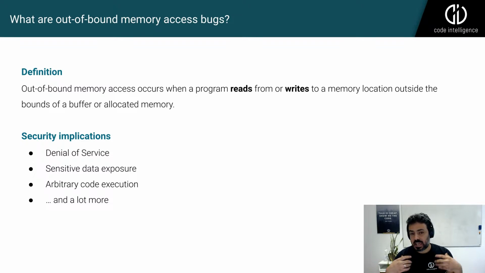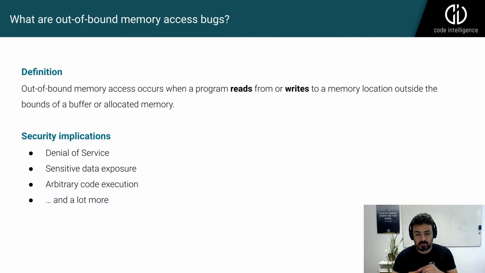The reason they happen in certain programming languages like C and C++ is that these languages are memory unsafe, meaning that the responsibility of properly managing memory lies mainly with the developer. As we probably know, these bugs can have severe security implications.